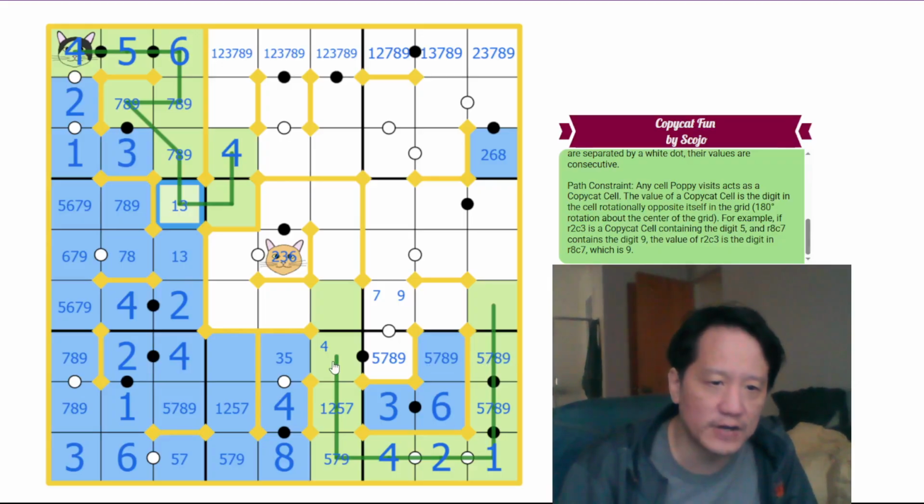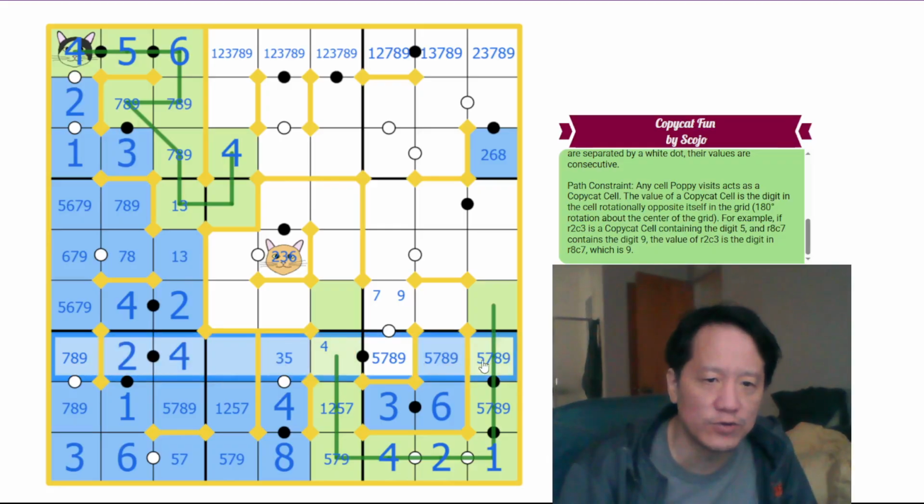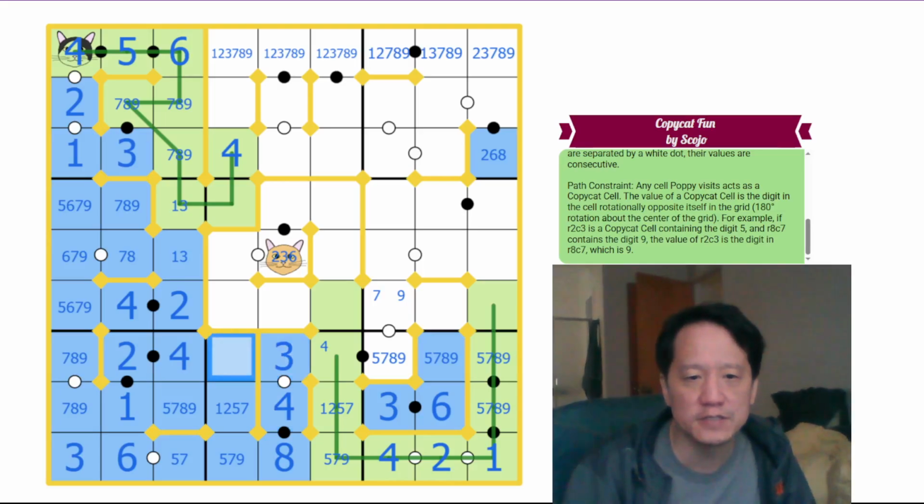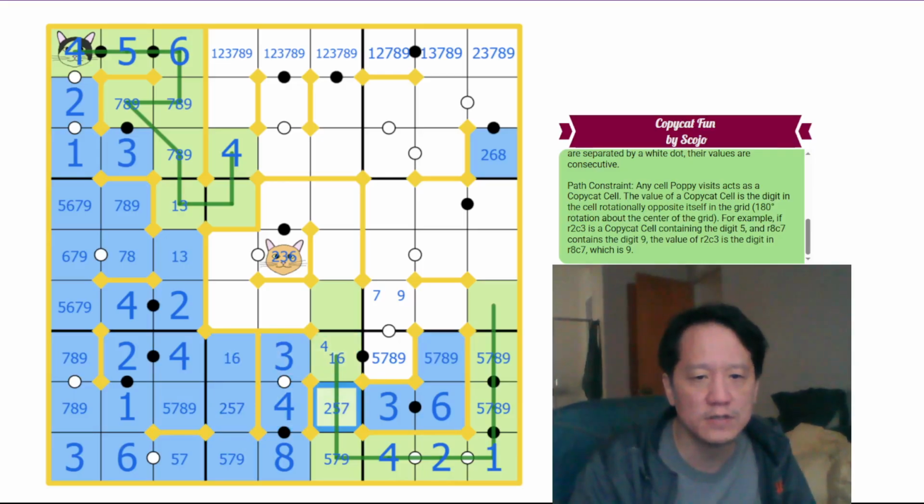This is looking fine. This is a 5, 7, 8, 9 quadruplet in row 7, so that eliminates 5, 7, 8, 9 in the rest of the row, so this is 3. It leaves remaining digits as 1 and 6. This can't be 1, and that's fine.